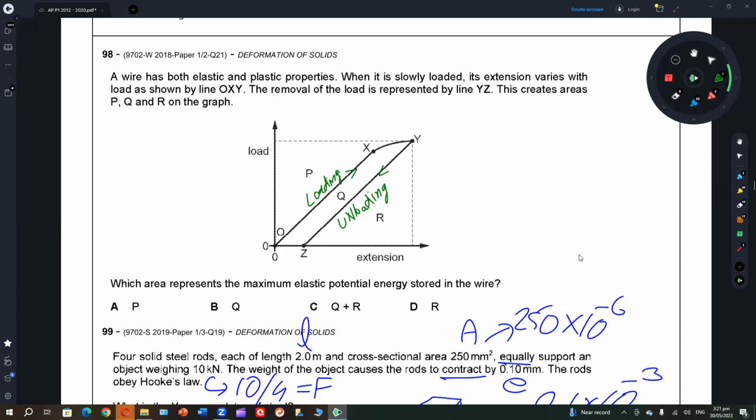The removal of the load is represented by the line YZ. This creates areas P, Q and R on the graph.